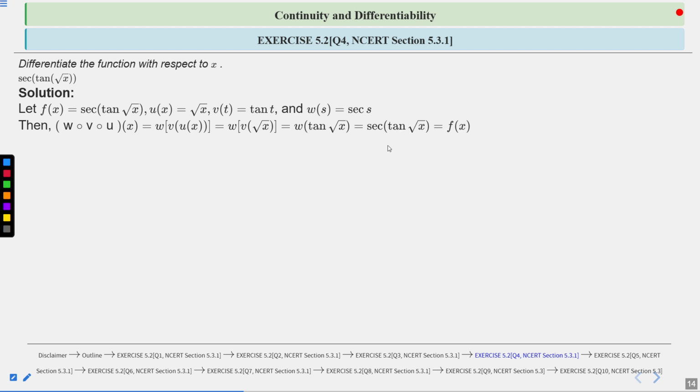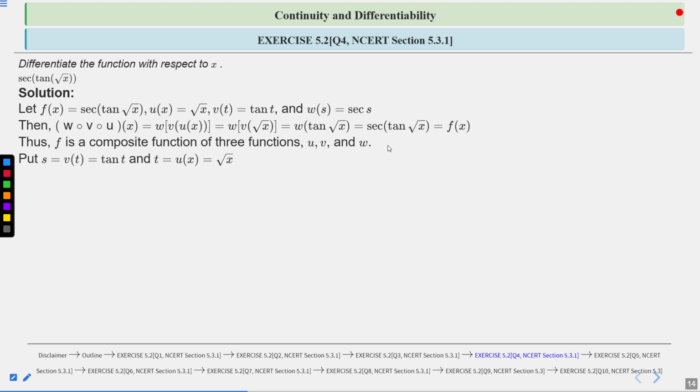Let us assume this as f(x). Thus f is a composite function of three functions, which are u, v, and w. Now put s equal to v(t), which is tan t, and t equal to u(x), which is root x.